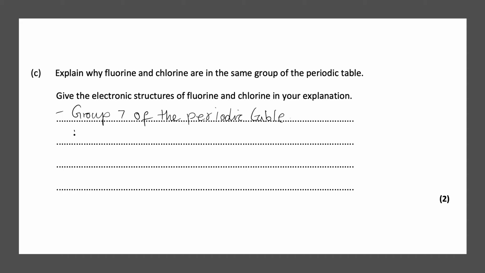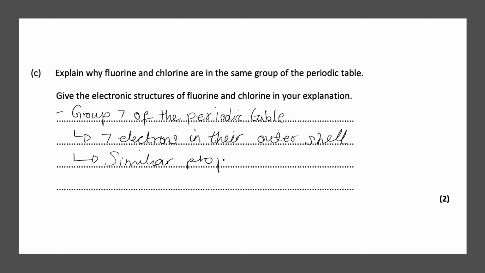This means they have 7 electrons in the outer shell, and because they're in the same group they would have similar properties as well. Similar properties, and that will give you 2 marks.